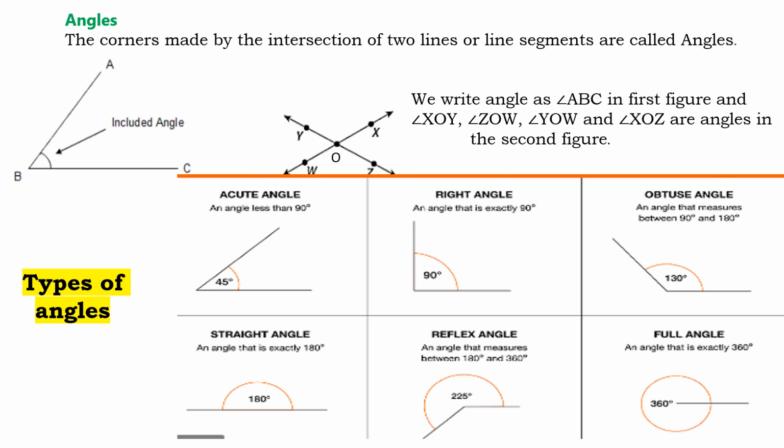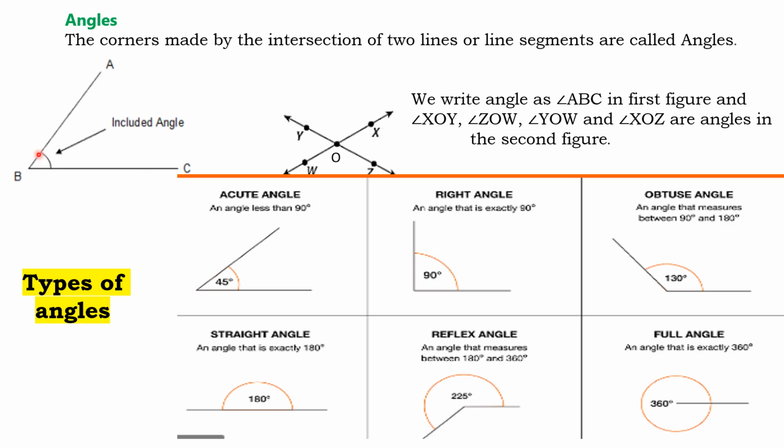Now angles. The corners made by the intersection of two lines or line segments are called angles. Two lines or line segments. Here you can see AB and BC are meeting at point B, isn't it?